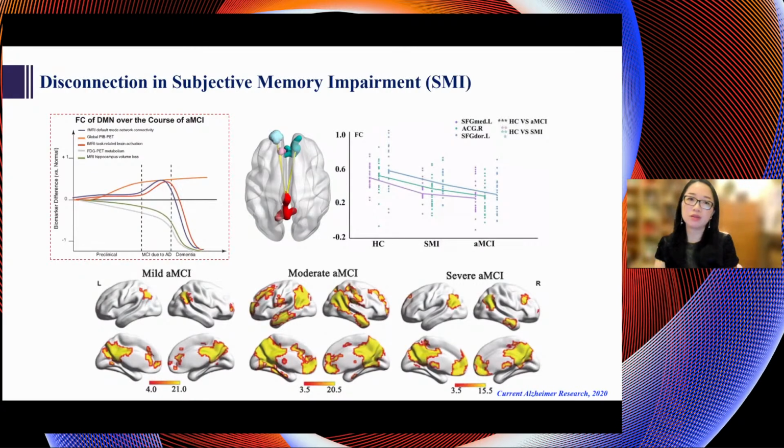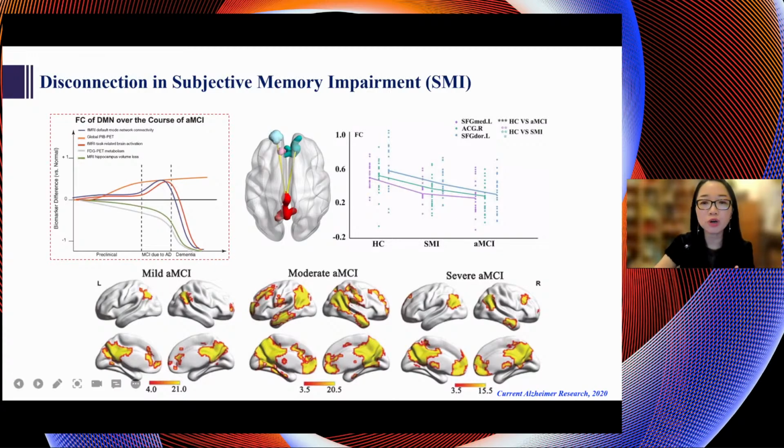We also studied subjective memory impairment, SMI. SMI also tremendously increases the risk of AD. Using resting state functional MRI, we found the connectivity between the anterior part and the posterior part decreased significantly for SMI patients.